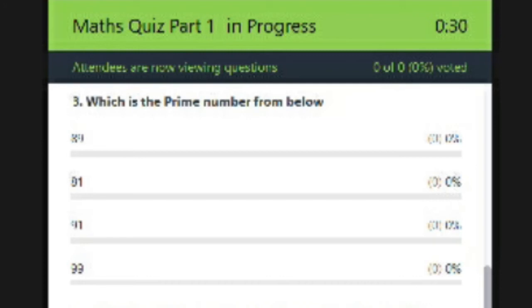The third question. Which is a prime number from the below? Again, 4 options are given to you. The first is A, 89, B 81, C 91, and D 99. Remember the prime numbers chart?